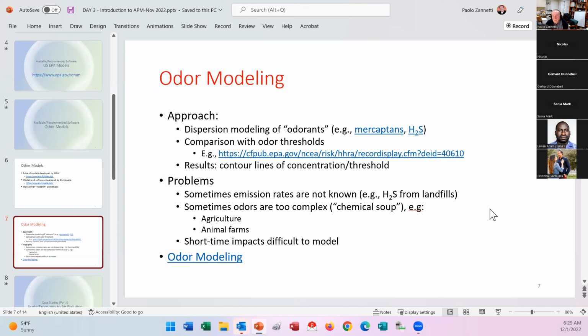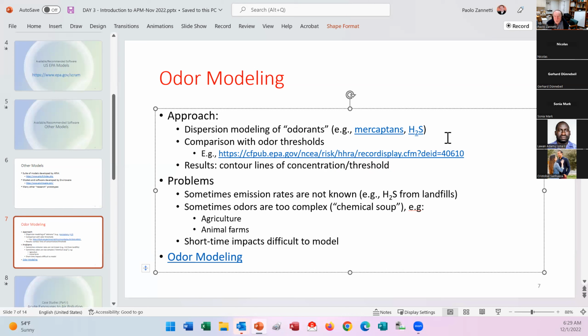And there are many books showing experiments with people that are given a certain concentration of H2S, and they have to say, well, it's bad, it's very bad, a little bad. So there is a lot of empirical literature on the human impact of these odorants. That's how we call these chemicals that have an odor, odorants.